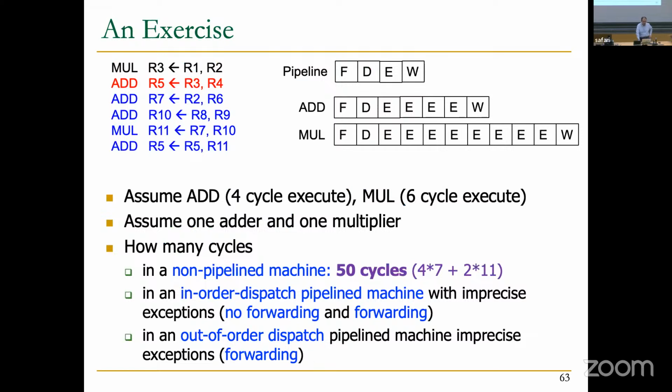So for this code that you have, we assume that for addition we have a 4-cycle execution, and for multiplication we have a 6-cycle execute. And we assume that we have 1 adder and 1 multiplier. How many cycles do we need to run this code? In a non-pipelined machine, it's going to take 50 cycles.